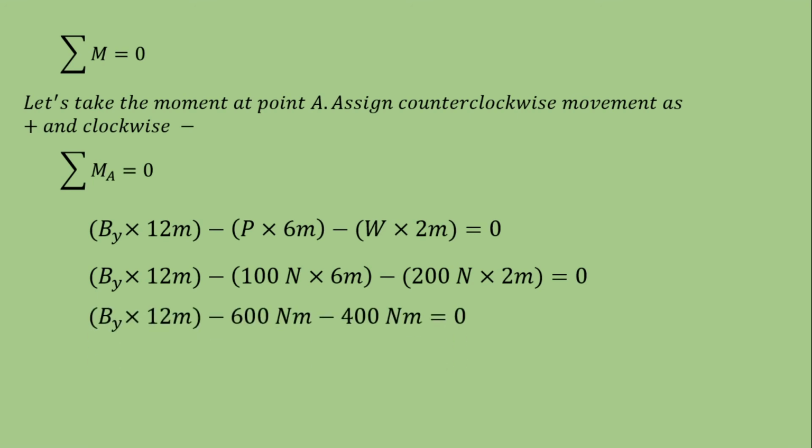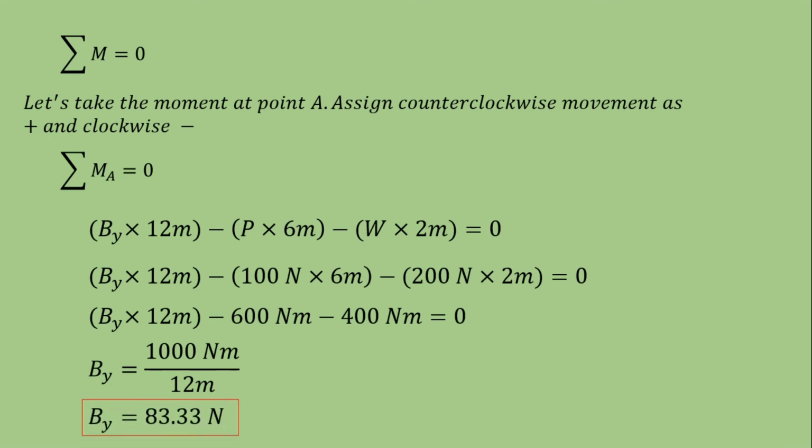Then simplifying the equation, we get BY equal to 1000 Newton meter divided by 12 meters. By that we get the vertical reaction at B equal to 83.33 Newton.